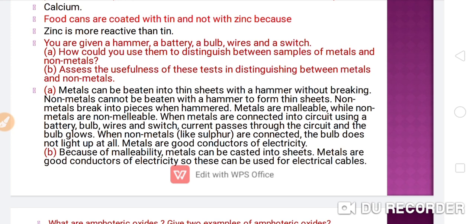So metals are good conductors of electricity. Now the second part: because of malleability, metals can be cast into sheets. Metals are good conductors of electricity, so they can be used for electrical cables. So both are the answers for the statements.